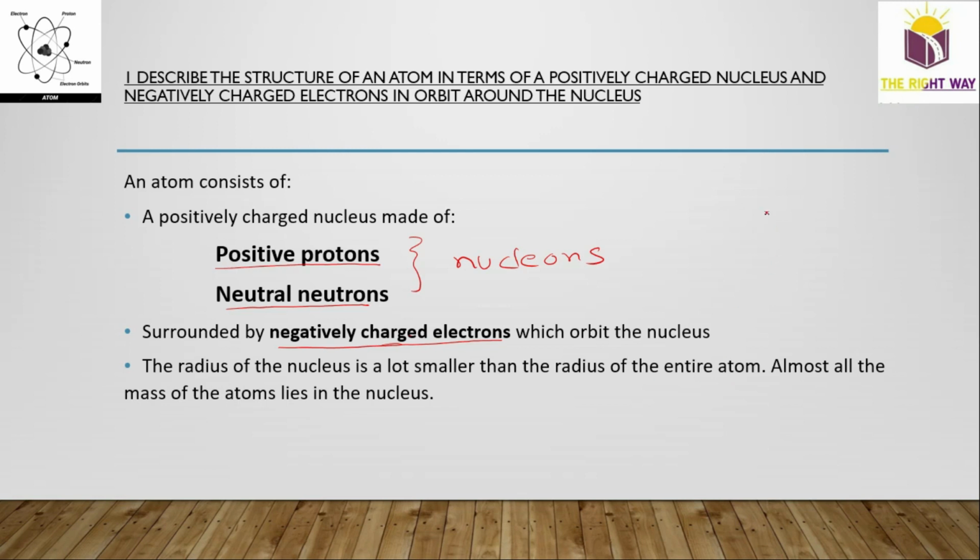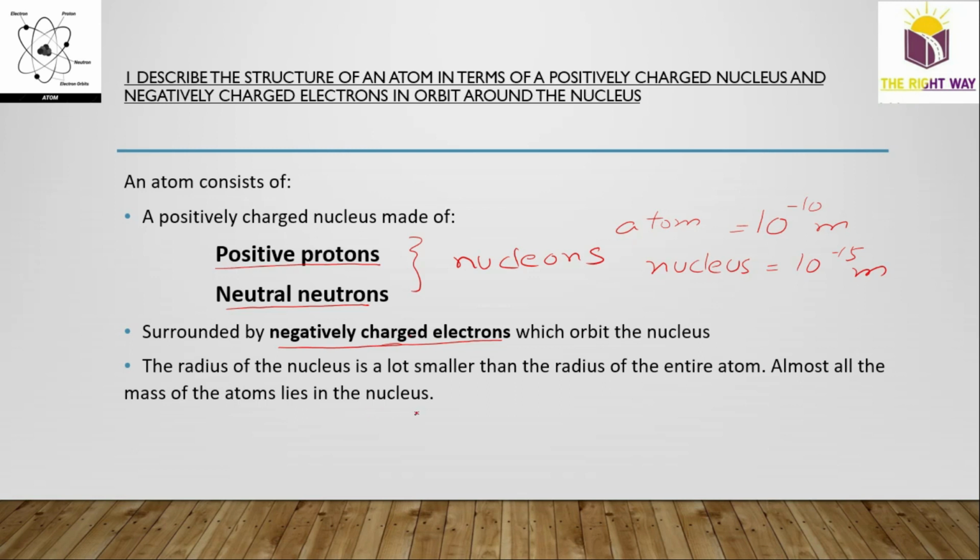An atom radius is 10 raised to power minus 10 meter, while nucleus radius is 10 raised to power minus 15 meter. It is 10 raised to power minus 5 times less than that of the atom. Almost all the mass of the atom lies in the nucleus.